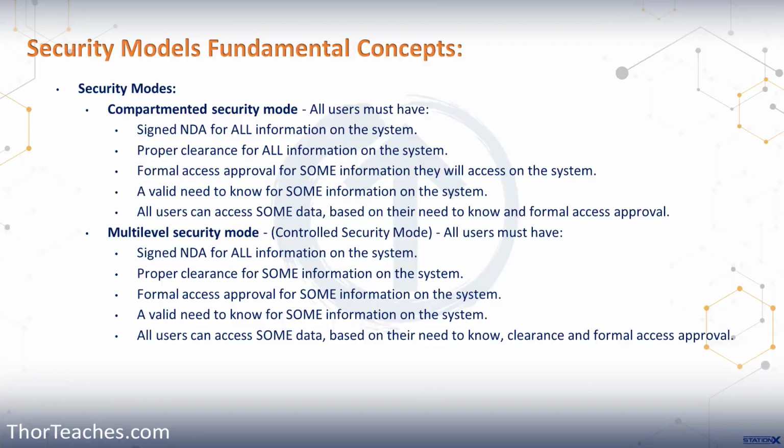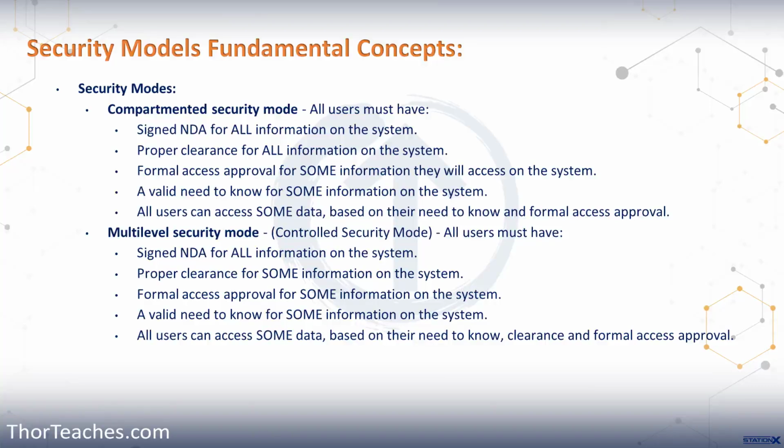And let's finish this lecture out with a little trick. Look at the names of the different security modes. Multi-level, it has multiple levels. That is multiple levels of clearance. Compartmented security mode, think of this as different compartments on the system. System high, everybody has the clearance, the formal access approval.